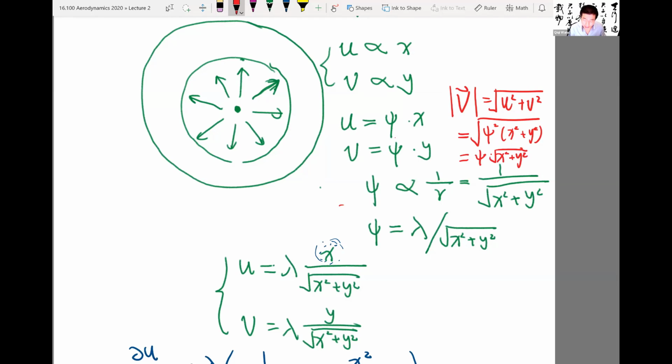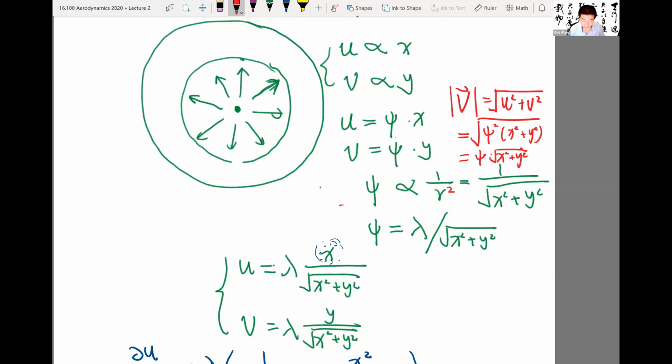And that has to be proportional to 1 over r. So if the magnitude of the velocity is proportional to 1 over r, then the multiplying term, psi, has to be proportional to 1 over r squared for the magnitude of the velocity to work, right?